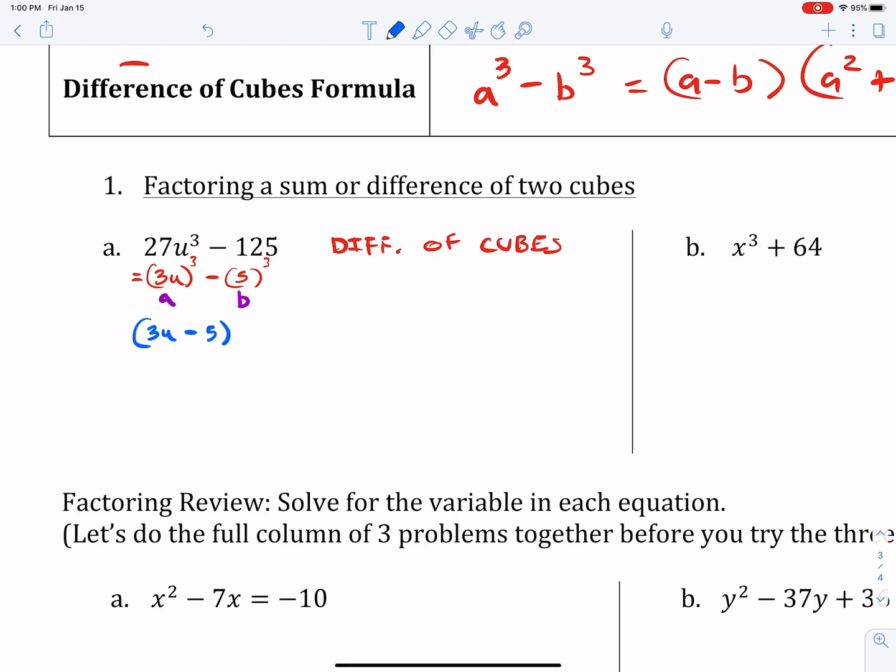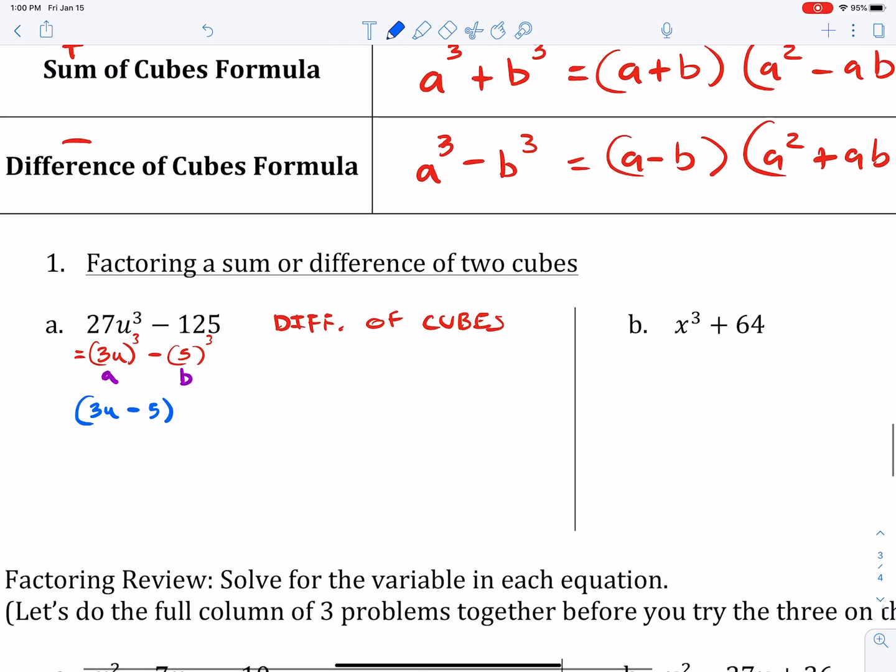And then what is my a squared? That's 3u squared plus a times b.